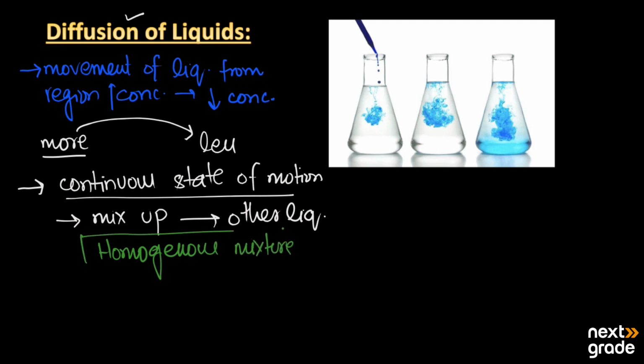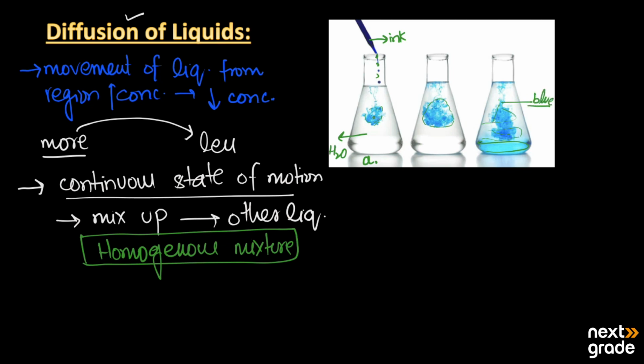For example, in this picture you can see that we have a conical flask A. It first had simple water, then we add just a few drops of blue ink to it. At the start we see that the blue ink is in a specific portion, but after some time it starts to spread out in the whole solution and the whole solution turns blue in color.